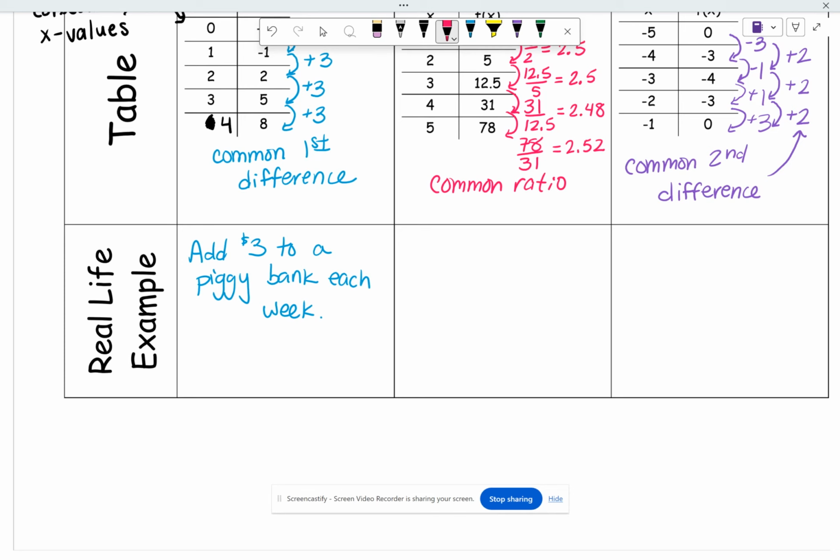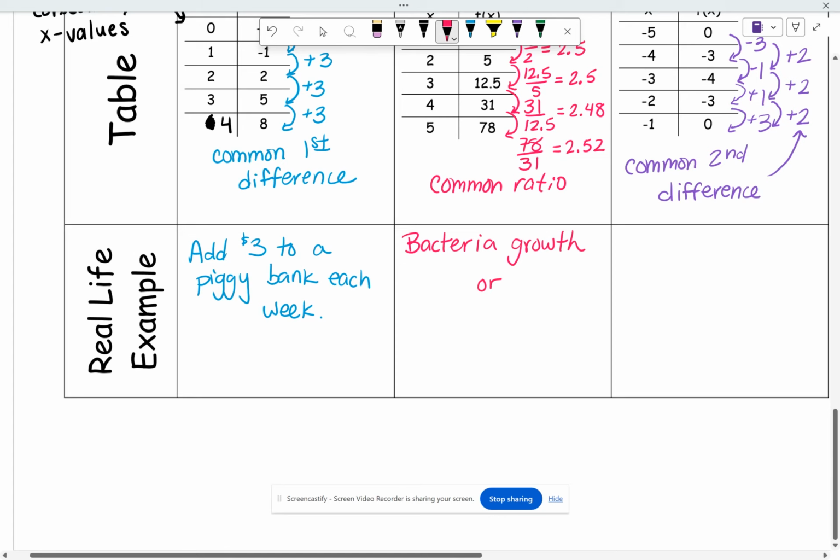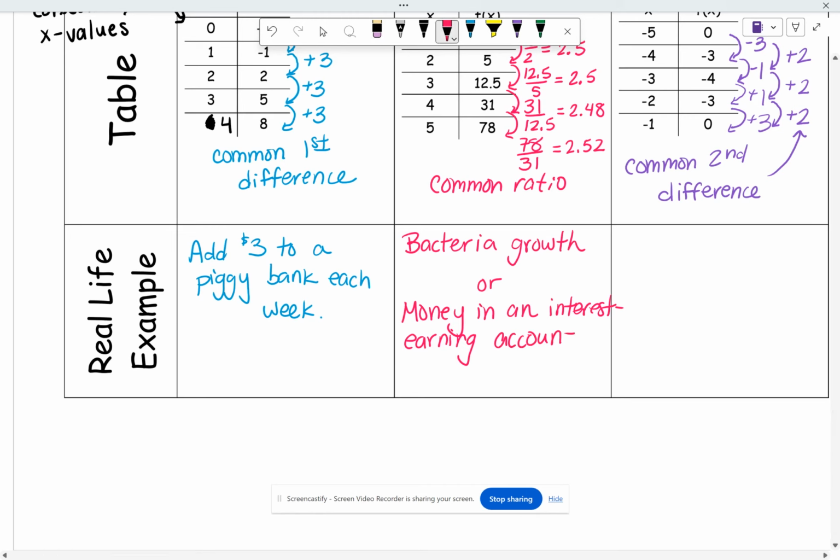Real life example of exponential growth would be bacteria growth, which is a common way we look at exponential growth. Population growth, or money in some kind of an interest earning account.